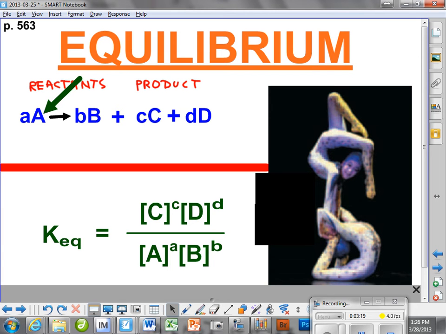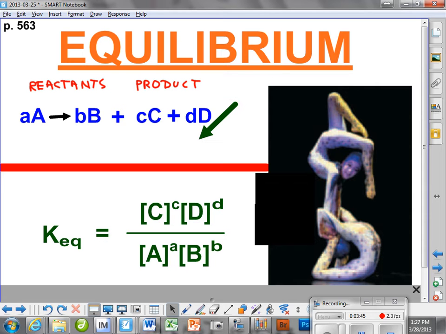Basically you're just going across as you look at the reaction, left to right, and calling them A, B, C, D. If I had 3 products, then I'd have A, B, C, D, E. And if there was only 1 reactant and I had 4 products, the A, B, C, D would mean that we now have 4 products.